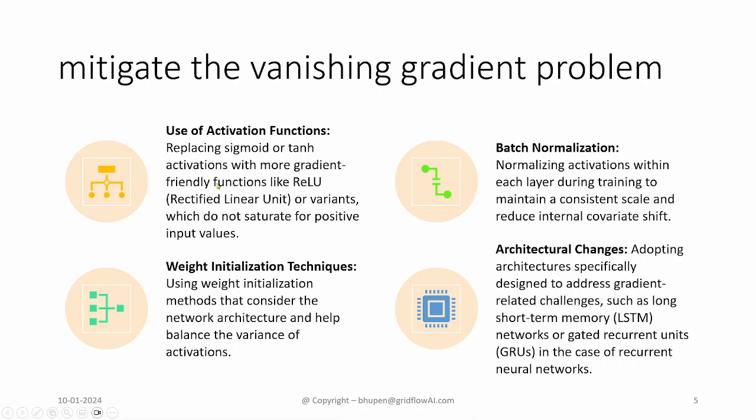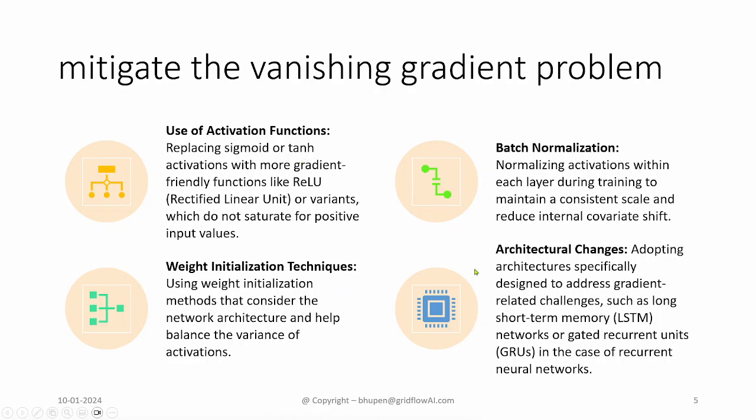The use of activation functions in a judicious manner, and that's what LSTM and GRUs actually do. I'll be describing that to you in the coming videos, how LSTM and GRUs utilize the sigmoid functions and tanh functions in their architectures.